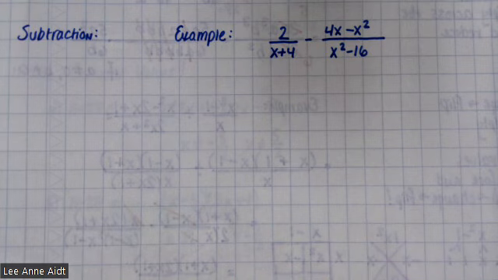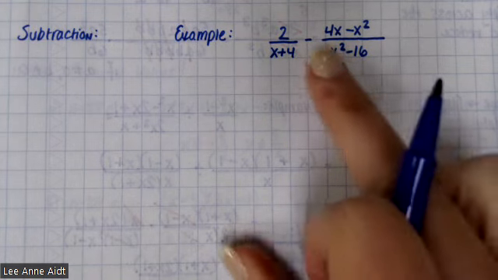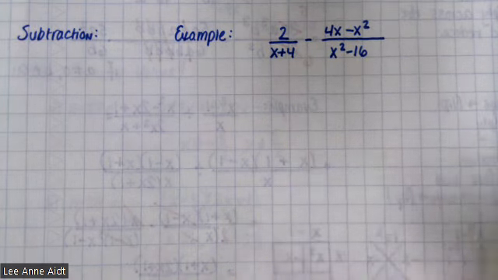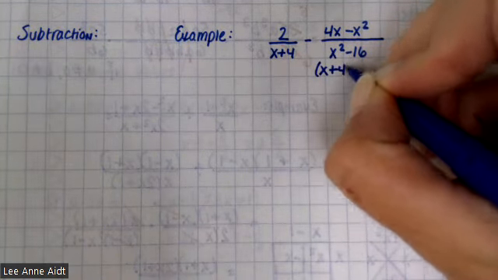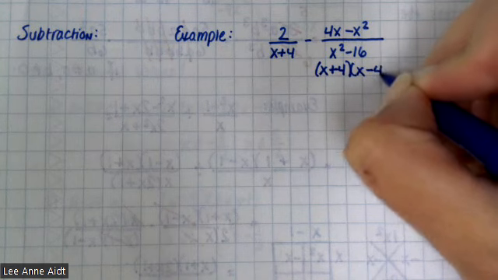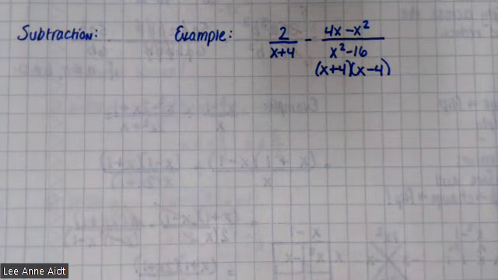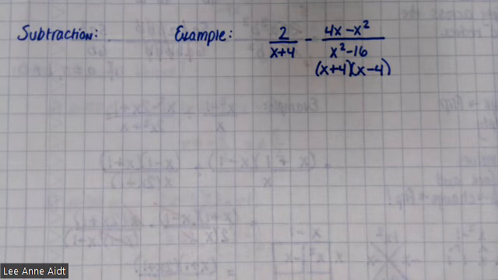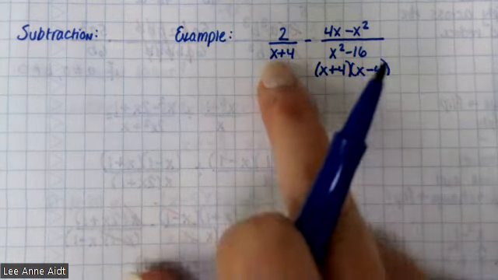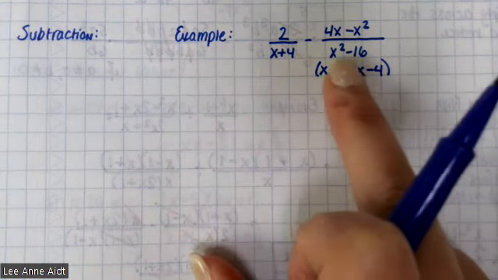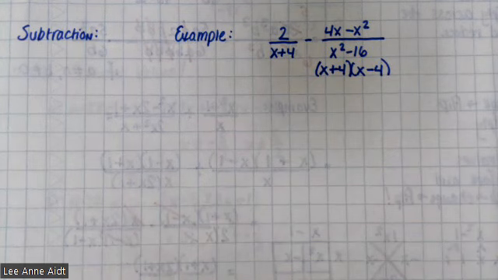Okay, this is where you're going to have the thought, oh, this is factorable. Because it's a difference of squares. You're actually going to have that thought process. Oh, I need to find a common denominator. This one is x plus 4. Oh, that's factorable. I need to see what that is before I decide what the common denominator is.